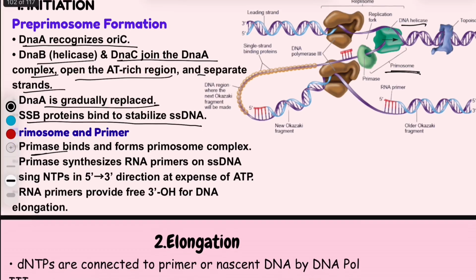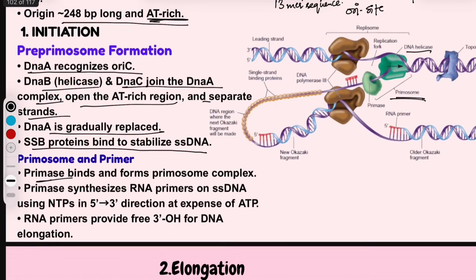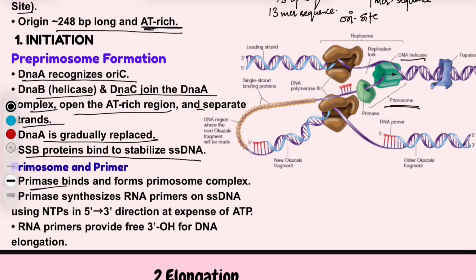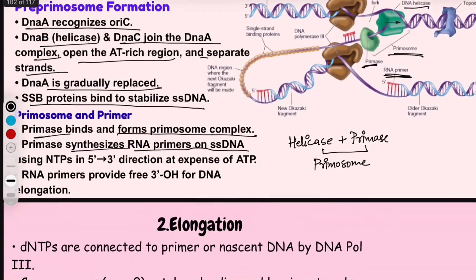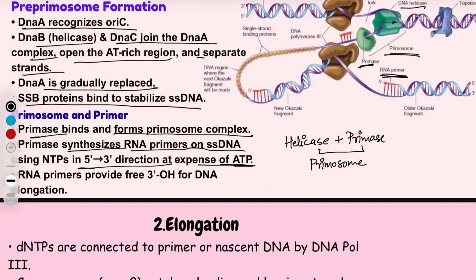This helicase opens the AT rich region, which is the origin site region, to initiate the process of replication and separate these strands. DnaA is gradually replaced now, and SSB proteins bind to stabilize the single stranded DNA. So basically, helicase and primase together form the pre-primosome complex. Now, primase binds and forms the primosome complex.